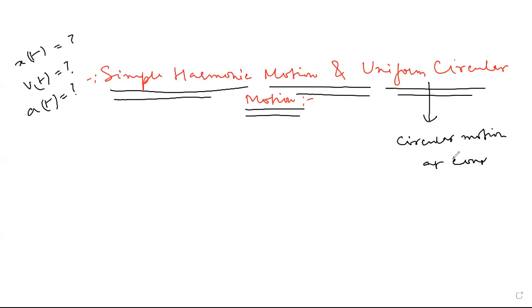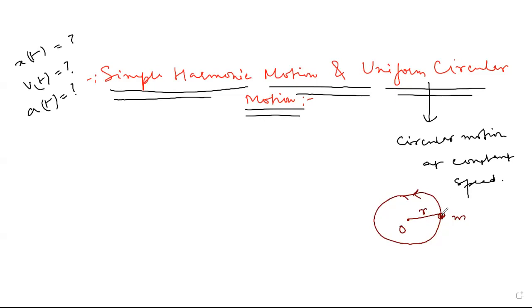That means if there is a body of mass m which goes along a circle having center O, with some radius r, and if it covers equal distances in equal intervals of time, then we say its motion is uniform circular motion. So it is simply circular motion at constant speed.